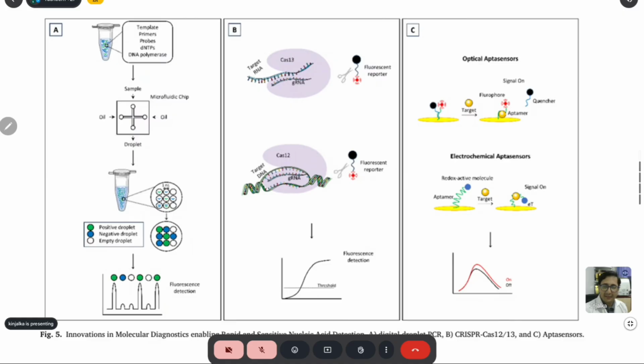Then you have droplet digital PCR, CRISPR-Cas, and something known as aptamer sensors. So droplet digital PCR is also a kind of PCR where it is multiplexed by difference in the physical properties. You have oil and water, so they are not miscible, and it's a microfluidic chip.